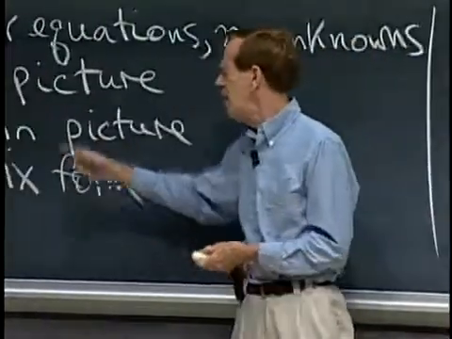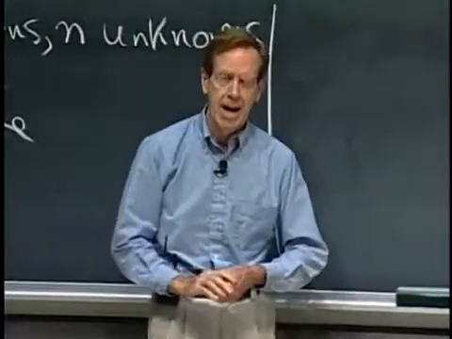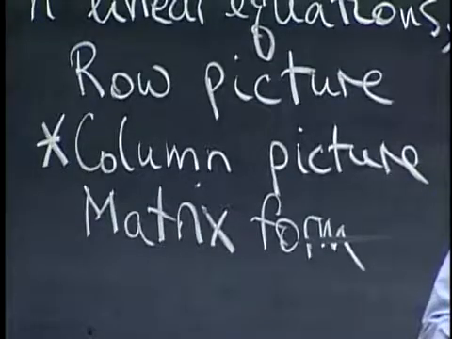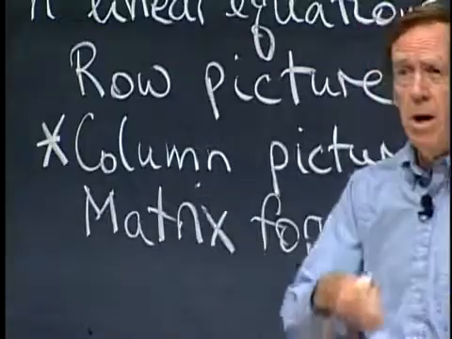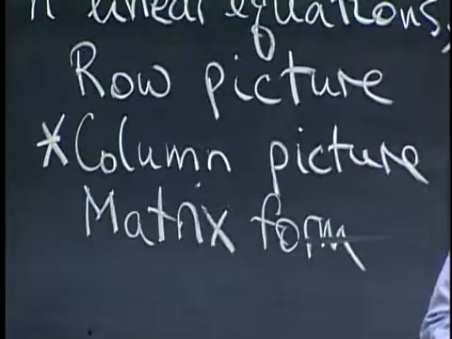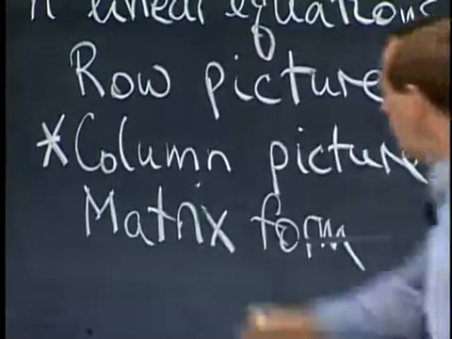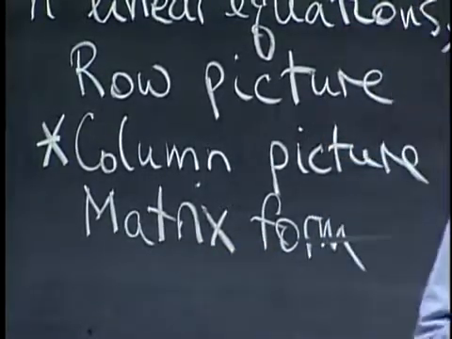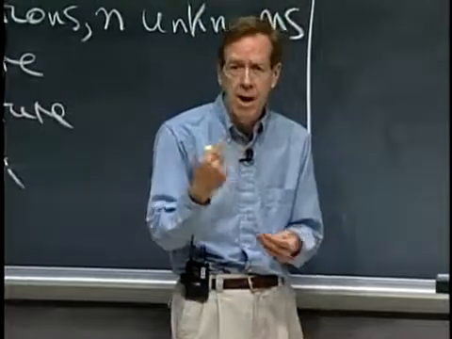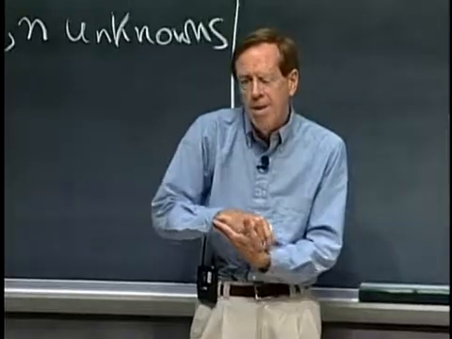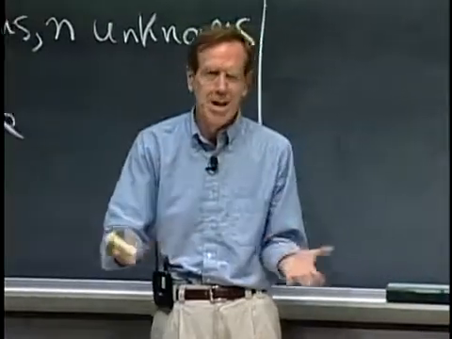The second picture, I put a star beside that because that's such an important one. And maybe new to you is the picture a column at a time. And those are the rows and columns of a matrix. So the third, the algebra way to look at the problem, is the matrix form using a matrix that I'll call A.